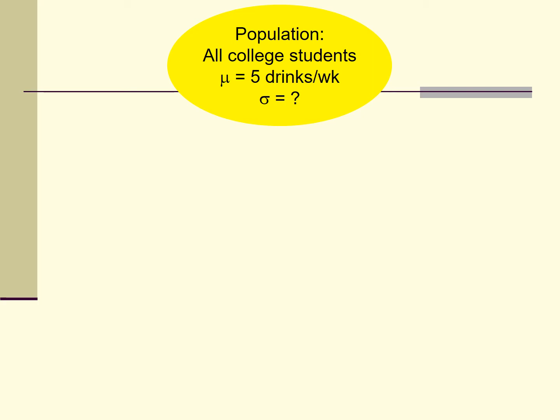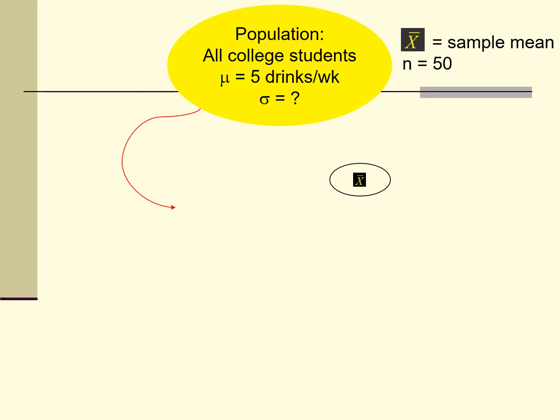Suppose we take a sample of 50 students from this population, then we compute the sample mean. We plot the sample mean here, it will be around 5 drinks per week. If we take another sample of 50 students, we can compute another sample mean.